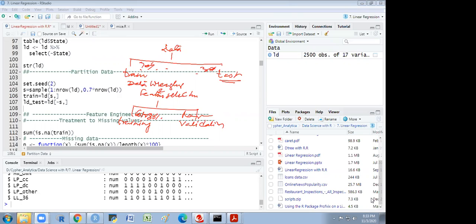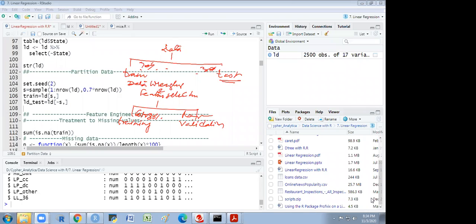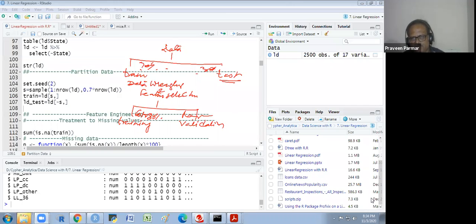I have seen cases where in the validation data the accuracy is very good, but in the testing data the accuracy is not good. Then we have to think over it, where we have to use this, what activity we have to do when. Got it? That is the thing. So you are getting most of the things here ready-made.